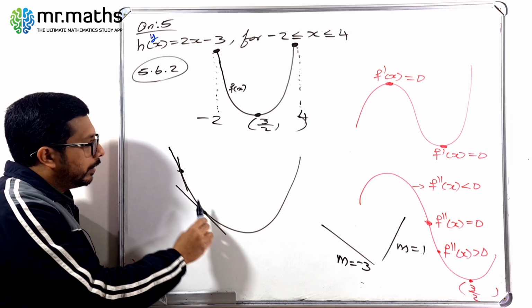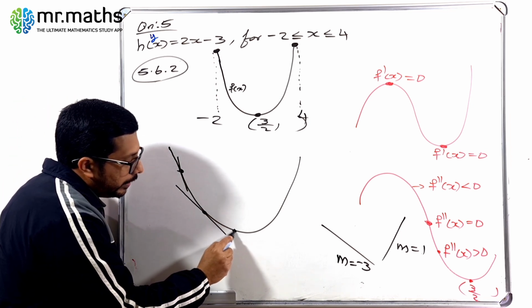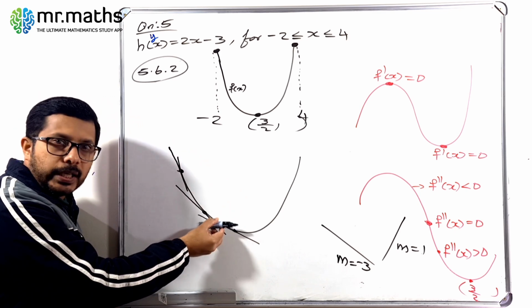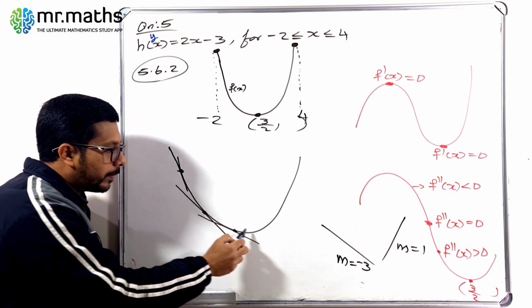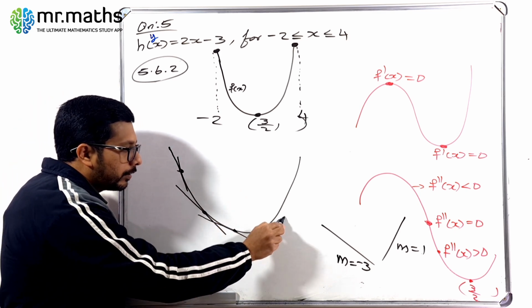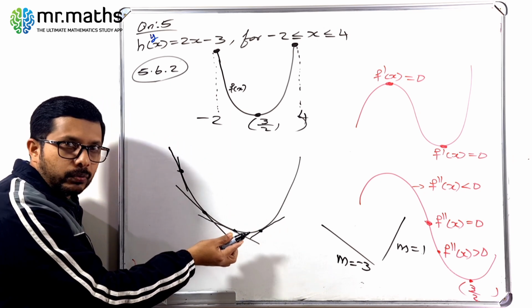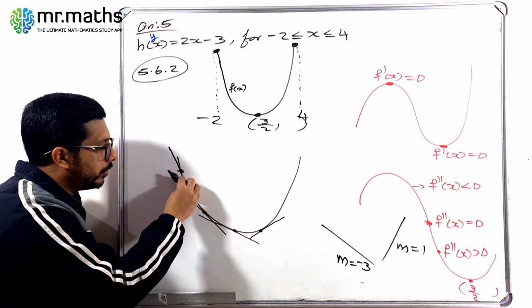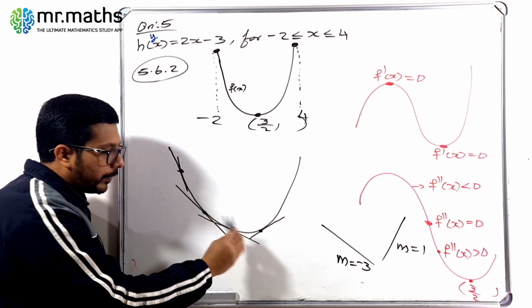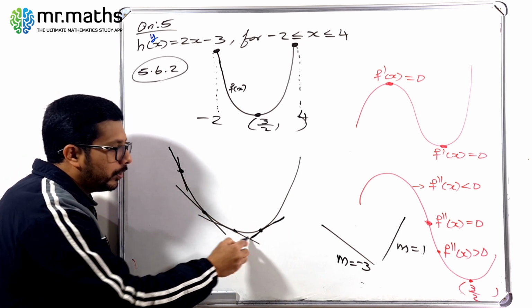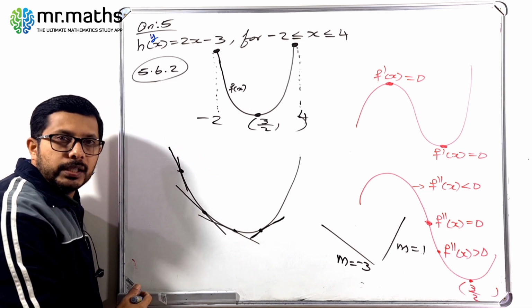If I draw a tangent here, can you see the slope is again decreasing? Then if I draw a tangent here, that is a positive gradient now. This one is a negative gradient, and here that is a positive gradient. Now we can see that it is increasing.